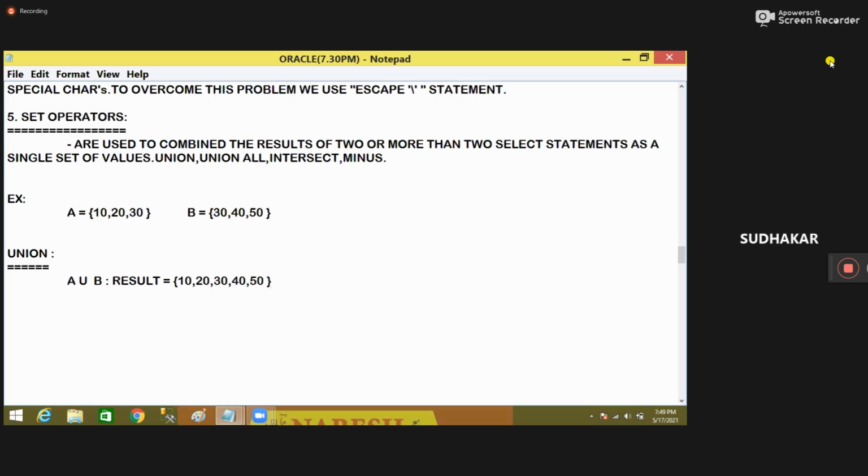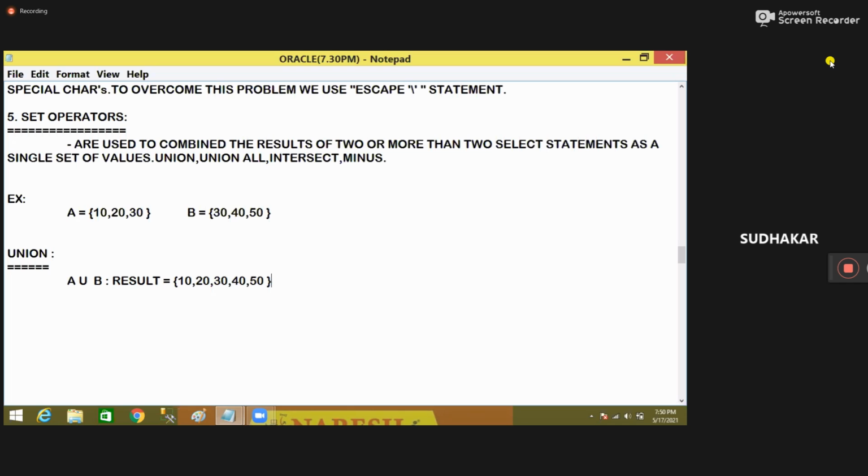Union means the two sets of values, A set and B set, are combined together and shown as a single set of values.